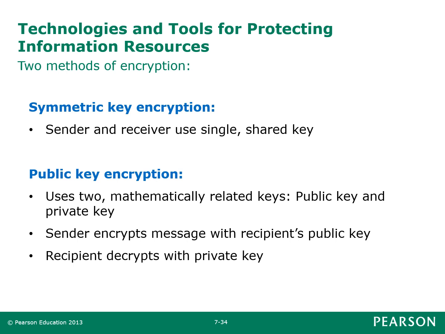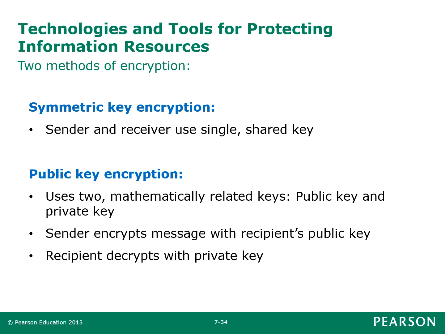Again, to send and receive messages, sender and receiver first create separate pairs of private and public keys. The public key is kept in a directory and the private key must be kept secret.